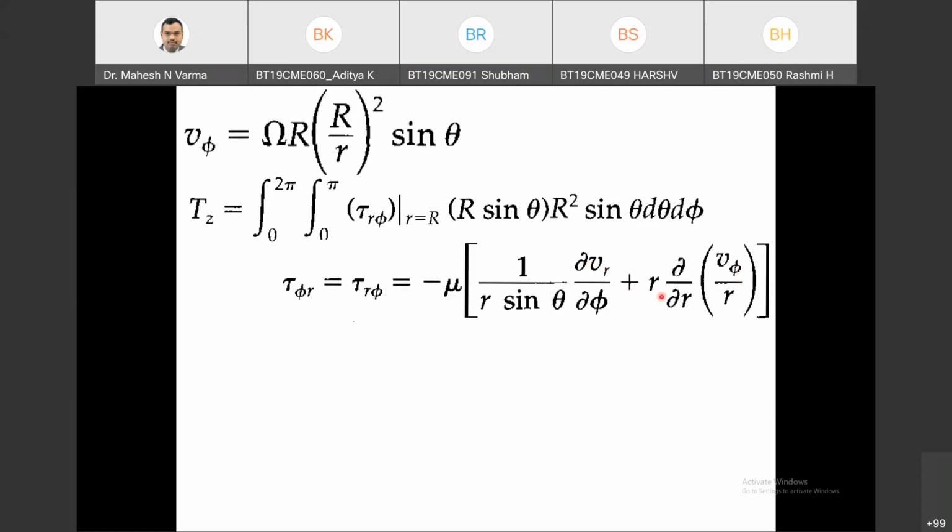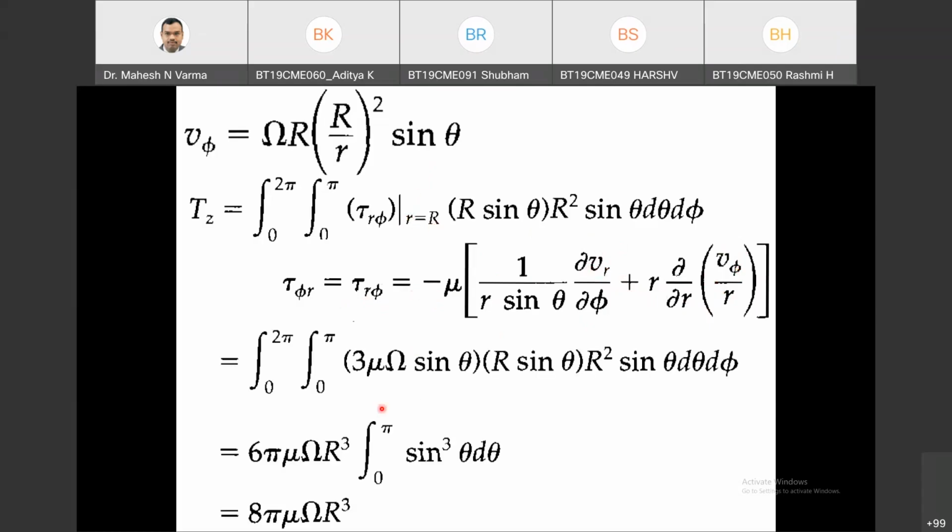Now substituting Vr equals to 0, this term will not be there. Substitute v phi here and differentiate with respect to r. You will get tau r theta, estimate at r equals to R, and integrate between 0 to 2 pi for theta and 0 to pi for phi, and this will give me the value of torque.